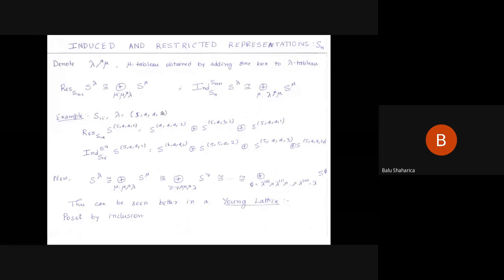I can remove one from the first row, it's still a Young tableau. I can't remove one from the second row because then it's not valid, and so on. So it's the direct sum of these S14 irreps.